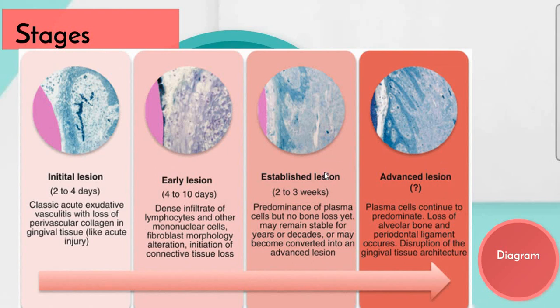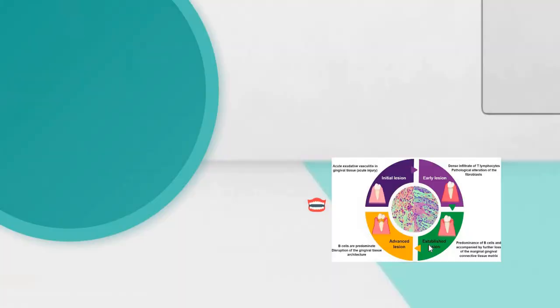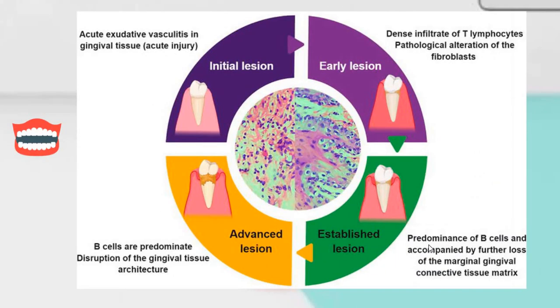So if it's not stopped in the established one and it becomes an advanced lesion, here the plasma cells continue to predominate and loss of alveolar bone will start from this stage, and there will be a breakdown of periodontal ligament and disruption of the gingival tissue architecture. So we must be aware of that. These are the 4 lesions: initial, early, established, then advanced.